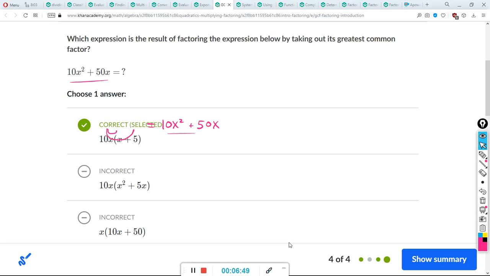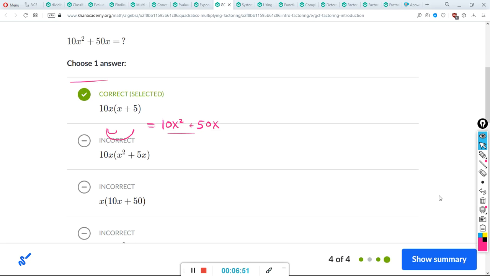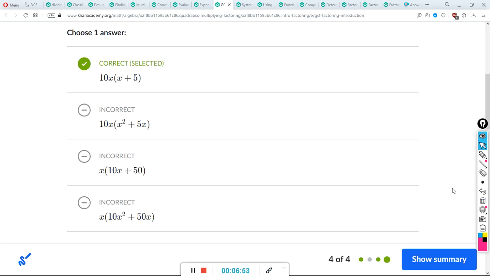So it might be a little bit of work if it's one of the other answers. You might have to check the other answers if you do the distributive property.